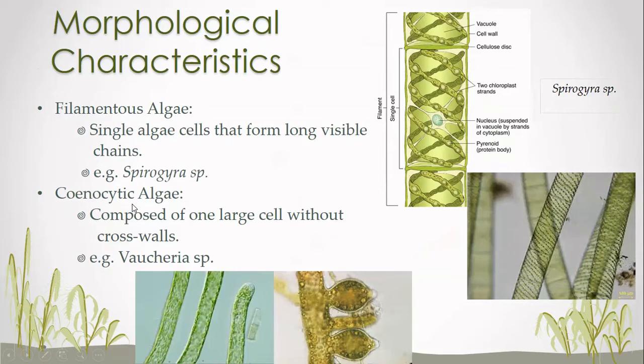We have also coenocytic algae. Coenocytic algae composed of one large cell without cross walls. So this is a coenocytic, Vaucheria. Wala siya septum na nag-divide sa body. So, ang coenocytic also present na characteristic sa mga fungi group. The same thing sa filamentous na characteristics.